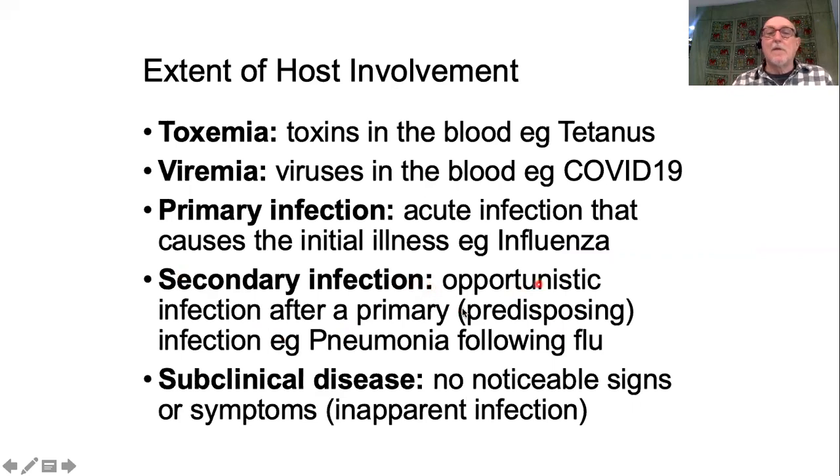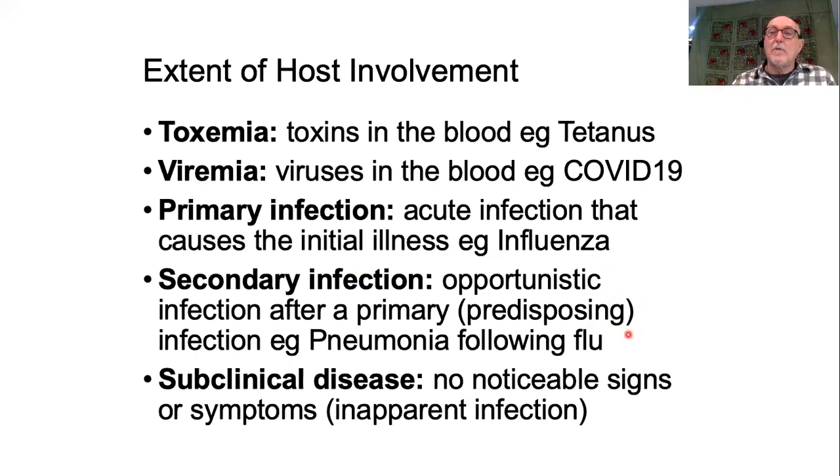Very often, these are opportunistic infections. They're often bacteria which would not normally cause that much of a problem, but they take the opportunity of being able to infect damaged tissues, for example, of the throat or of the bronchi, and you end up with a secondary infection. The primary infection was the influenza. Secondary infection is one which follows that primary infection, and often as a result of damage caused by the primary.